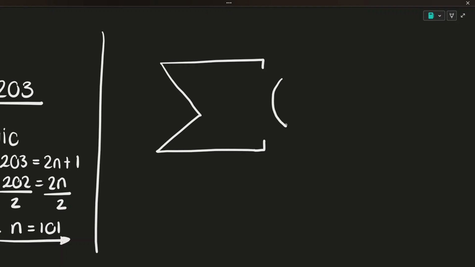You open a bracket in the beginning. Then you write the general term, 2n plus 1, over there. This pattern starts when n is equal to 1, and it ends when n is equal to 101.